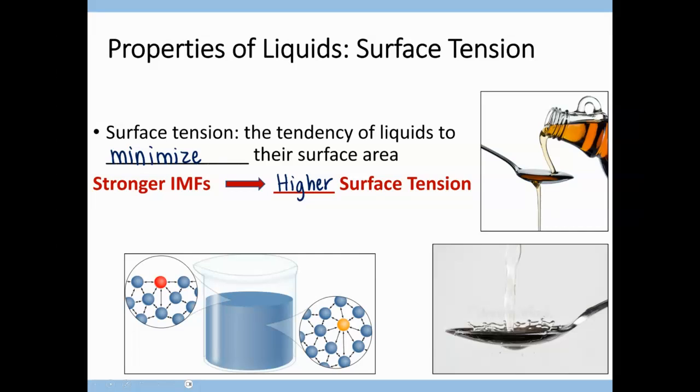A molecule at the surface has attractive forces between the molecules next to it and below it, but nothing on top. So that pulls the surface molecules down into the liquid. That is what surface tension is. If those interactions are stronger, then there's a stronger force of attraction between surface molecules, so a higher surface tension.